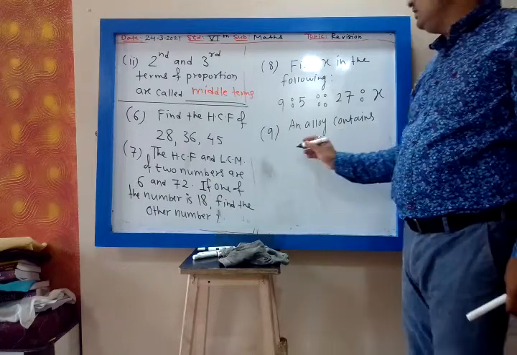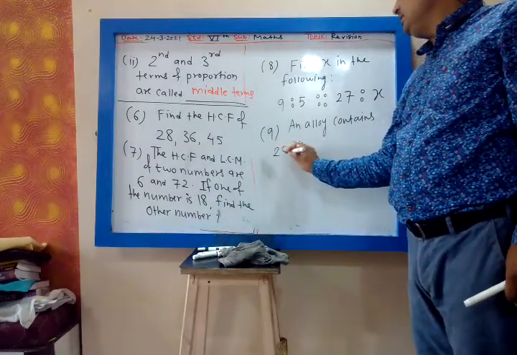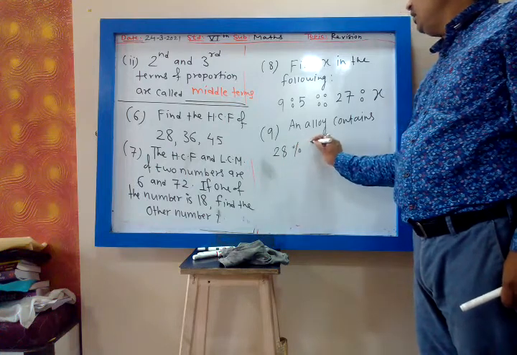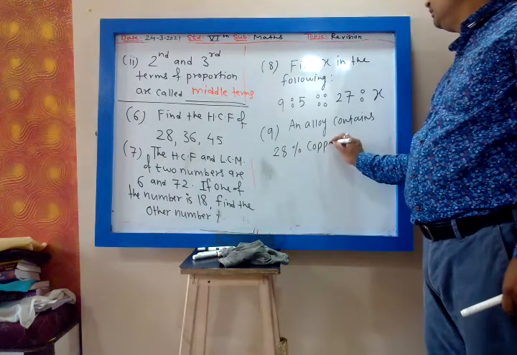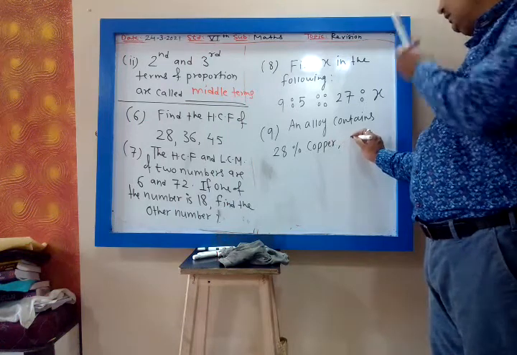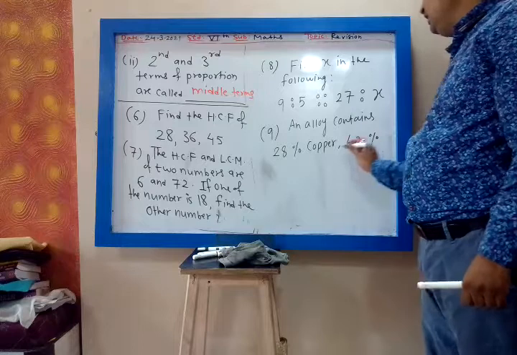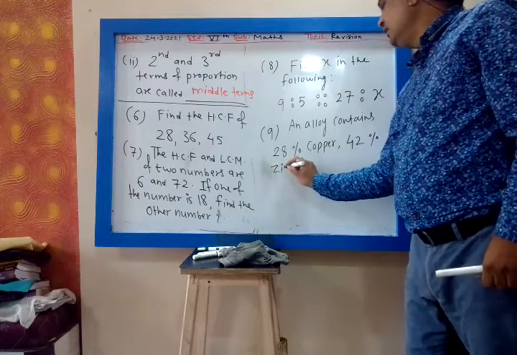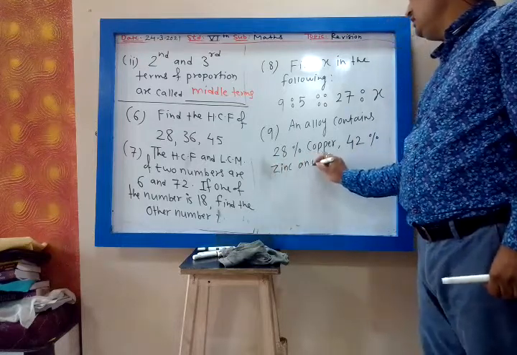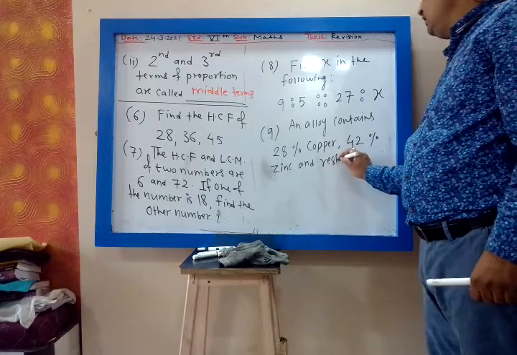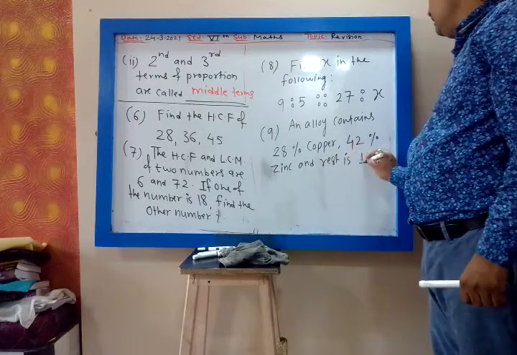An alloy contains 28% copper, then 42% zinc, and rest is iron.